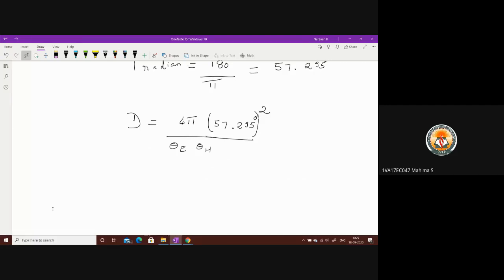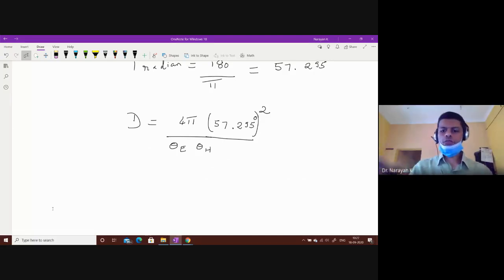Okay. Now, write down one more. This is the relation between directivity and beam area.